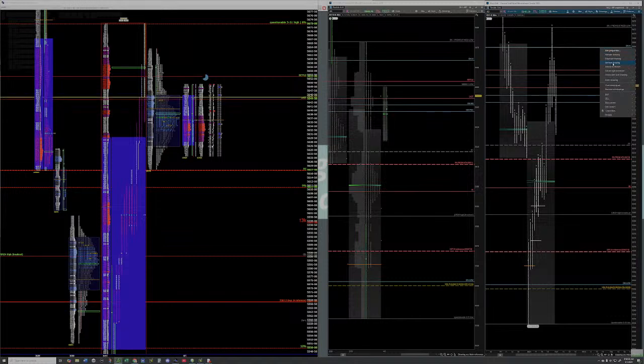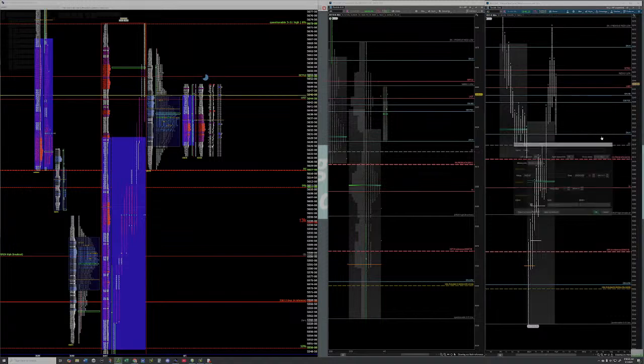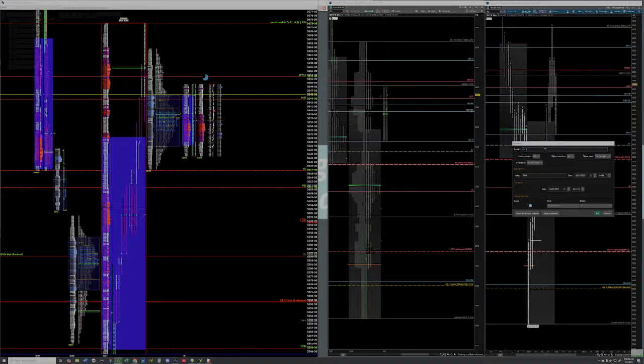Overnight low is, oh boy, this is no good, 18. Name overnight low.